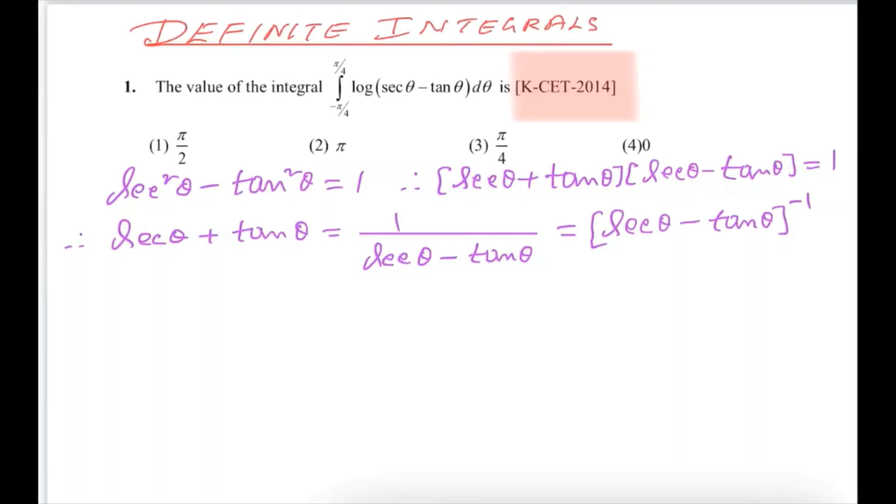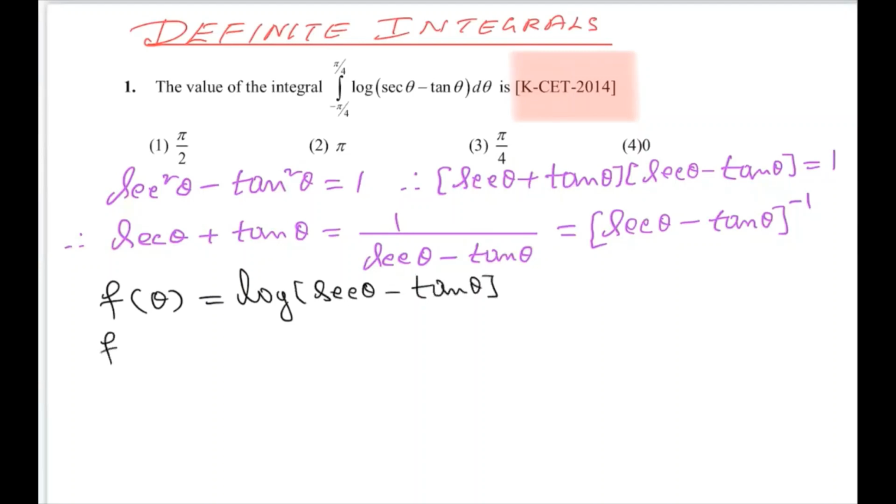So now take the integrand as f of theta, that is log of secant theta minus tan theta. Replace theta by minus theta: log of secant of minus theta minus tan of minus theta.